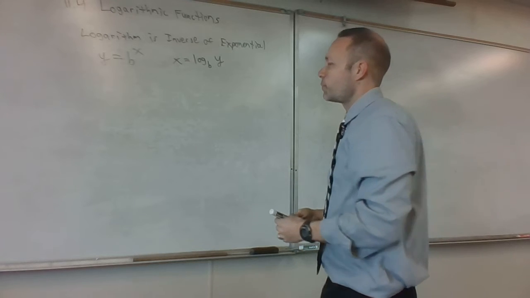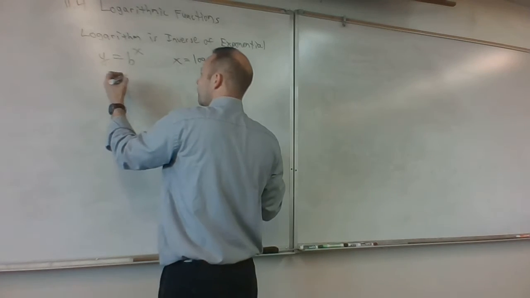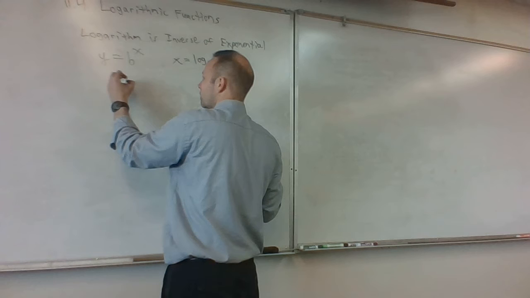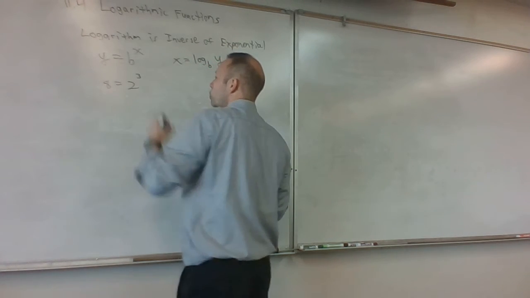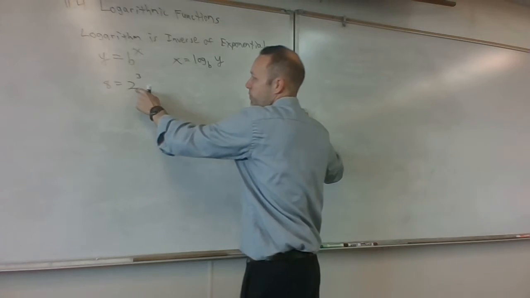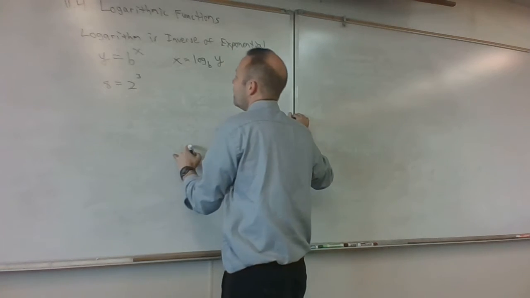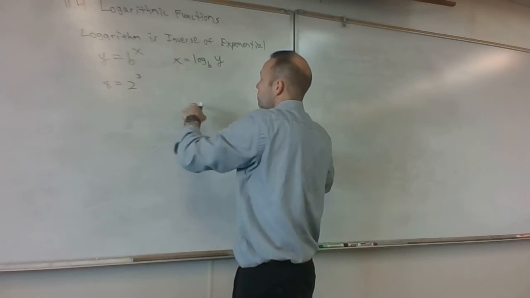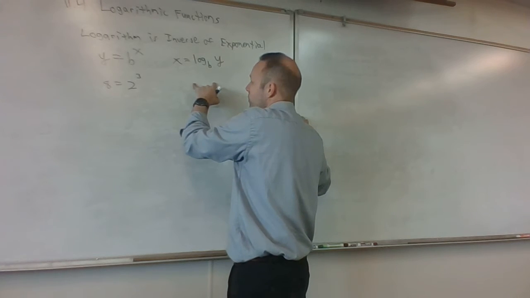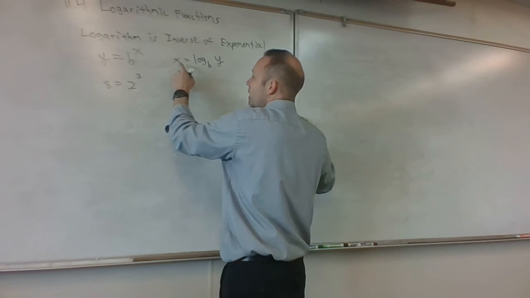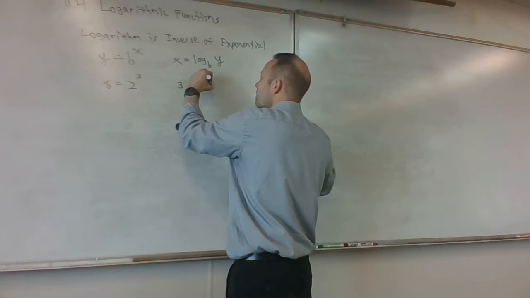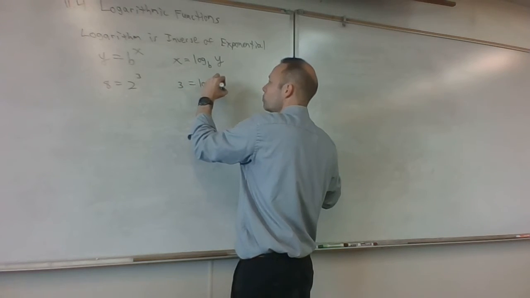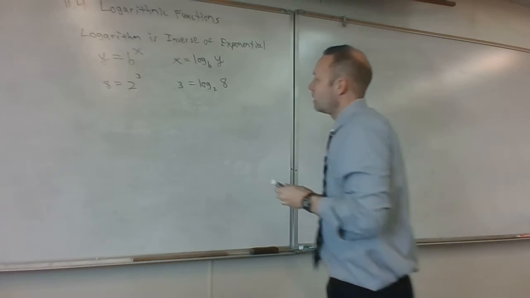I think some numbers would make this a little bit more clear here. Let's just say if we dealt with 8 equals 2 cubed, right? 2 times 2 times 2 is 8. How this would rearrange as a logarithmic expression would be 3 equals log base 2 of 8.